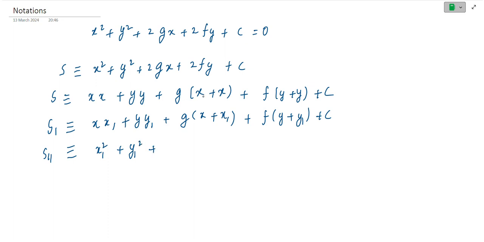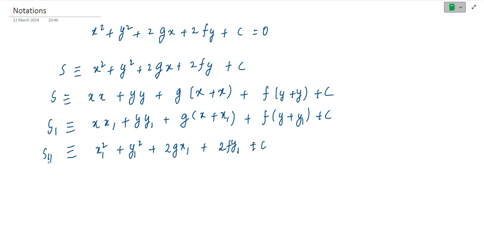Again we replace both x's with x1, so x1 plus x1 is 2x1, and 2x1 times of g is 2g x1, plus in a similar manner 2f y1, plus c.